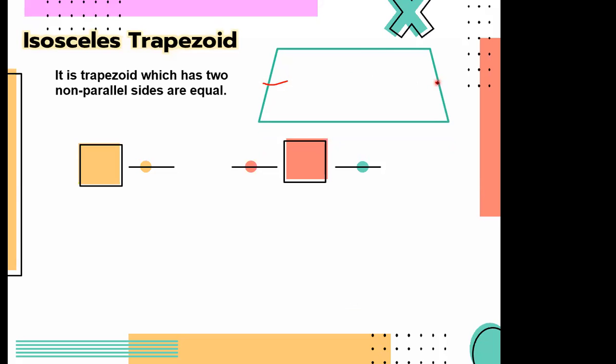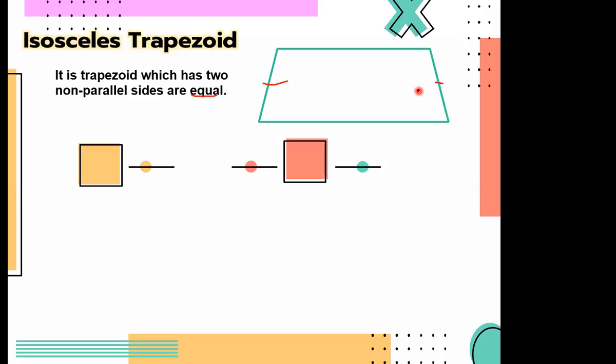This one and this one. These non-parallel sides should be equal. Means if the measurement of this side is 3 centimeter, the measurement of this side should also be equal to 3 centimeter. So if the non-parallel sides are equal, you will say that this is an isosceles trapezoid.